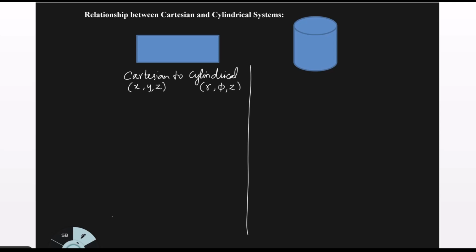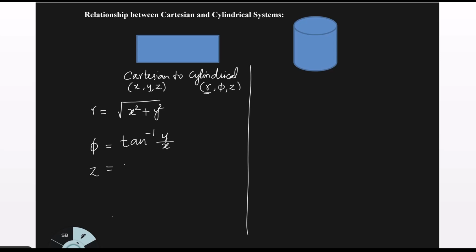The formulas to convert a Cartesian system to a cylindrical system: we have to find the r value, phi value and z value. So r equal to square root of x squared plus y squared. Similarly, phi equal to tan inverse of y by x.